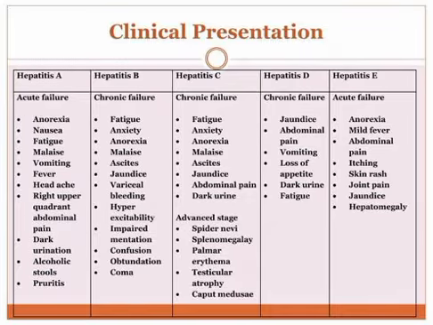Next will be the hepatitis C virus. It is also a chronic failure. Hepatitis A and E will be acute failure, but hepatitis B, C, and D will be chronic failure. In chronic conditions, it shows certain manifestations like fatigue, anxiety, anorexia, malaise, ascites, jaundice, abdominal pain, and dark urine.